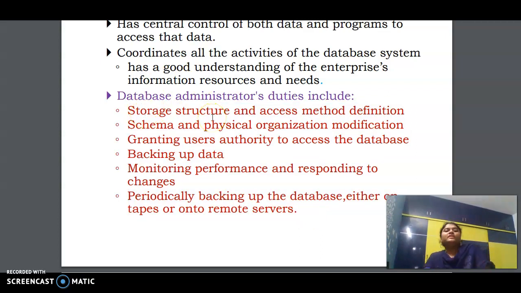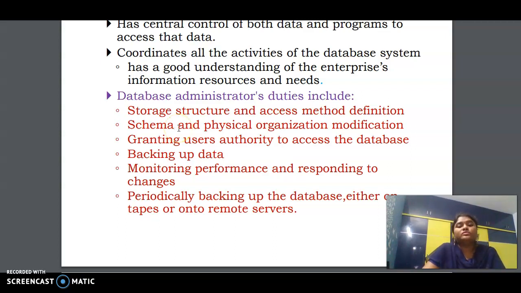Storage structure: he will check what type of storage structure we need to go with according to the availability of the data, and what access methods we need to define. He is a person who designs the schema and physical organization, right? So schema: once we get the data, then we need to first design a schema for that database.